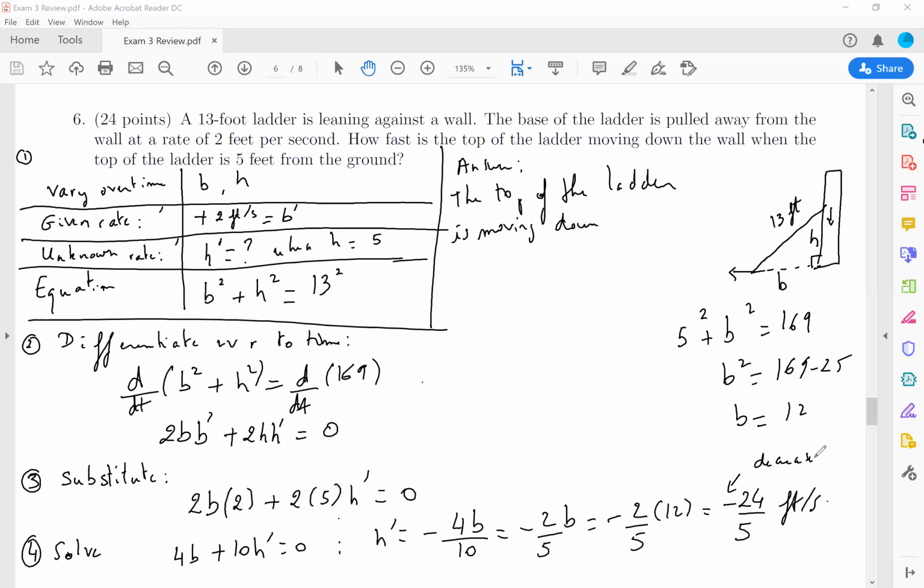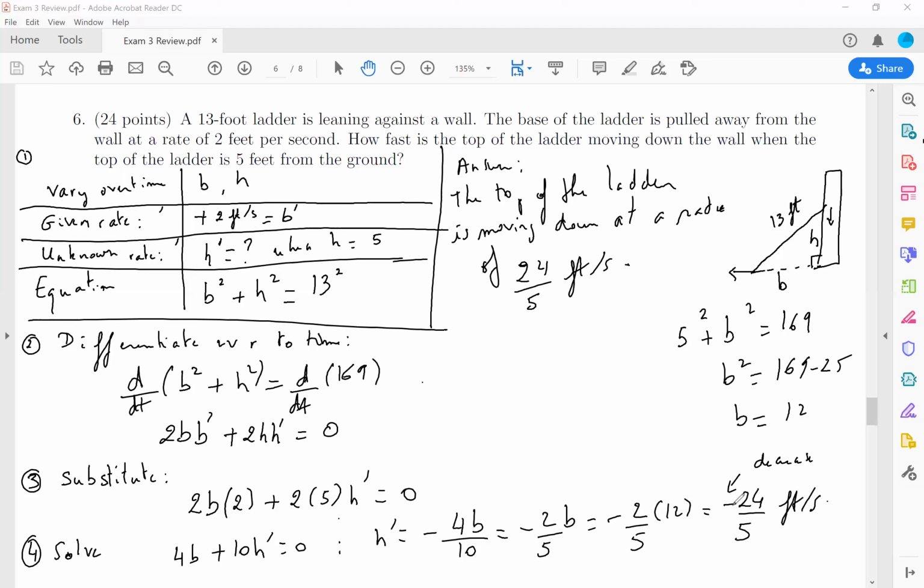So h is getting smaller, it is moving down at a rate of 24/5 feet per second, which is almost 5 feet per second. So we're just saying that the height is changing faster than how far you're moving. Kind of makes sense. So again, the order of magnitude is something you want to consider.